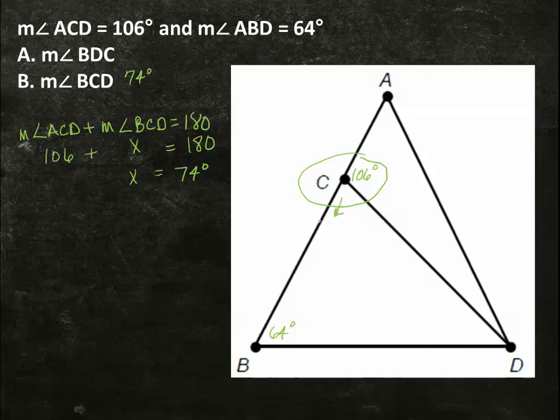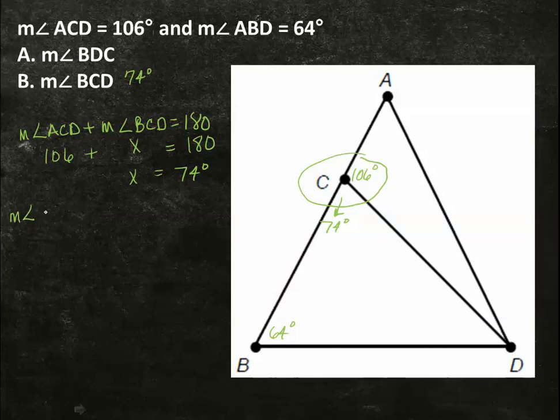And what's crazy, they probably wanted me to use the external angle theorem or something. I probably messed it up. BDC, these three guys right here in the triangle BCD, they're going to add up to 180. That's your triangle sum theorem.